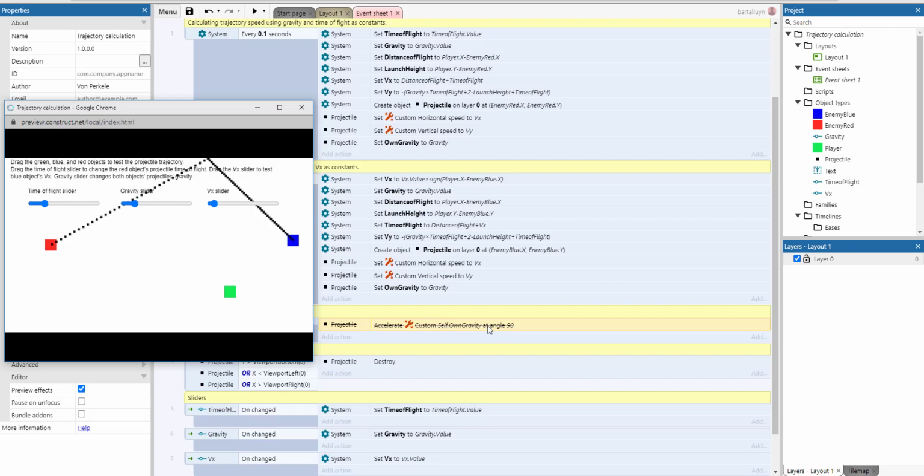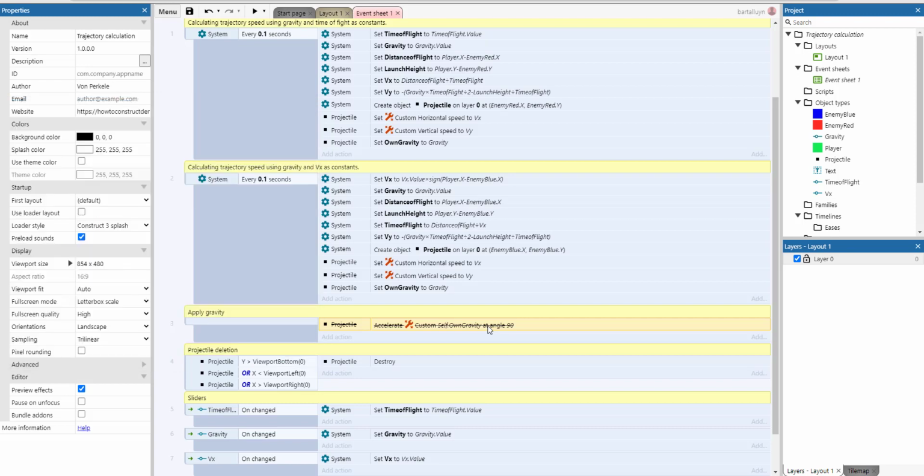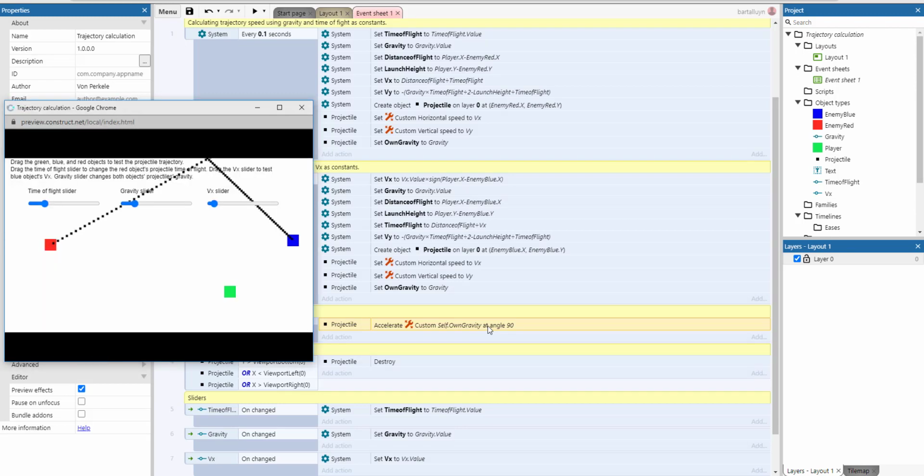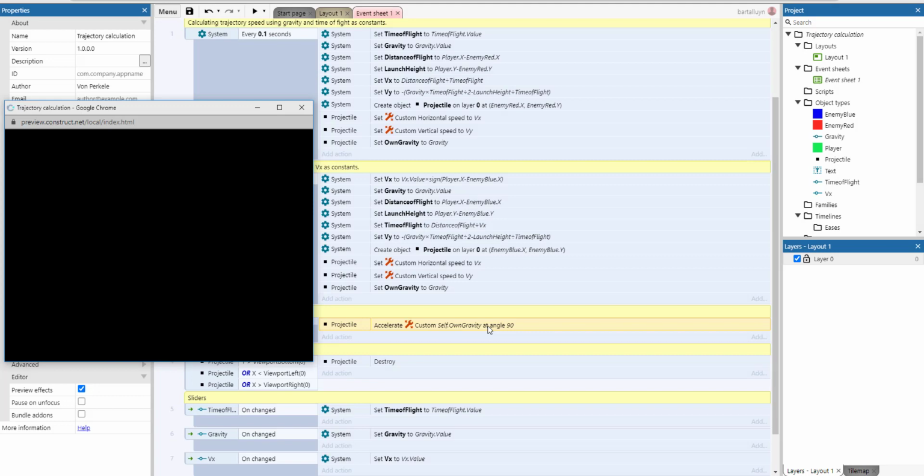And because the acceleration is applied with a positive number, because the gravity is a positive number, it gradually accelerates towards 0 and then goes above 0, which means that it will accelerate downwards. And that's what happens if we reactivate that and we go into the application again.